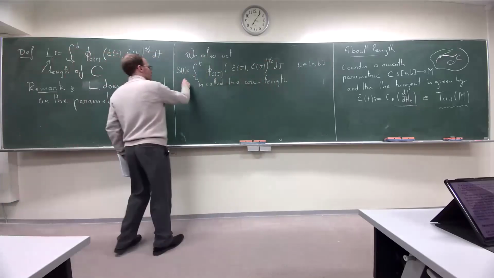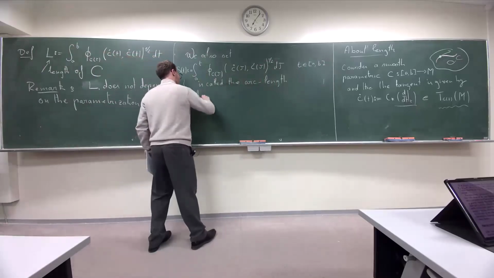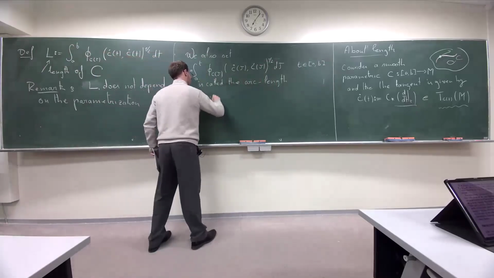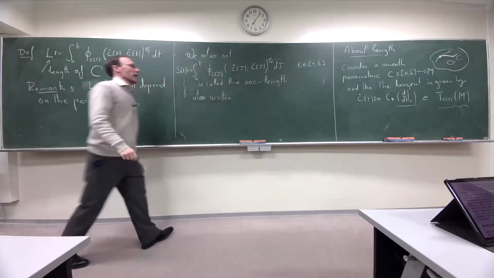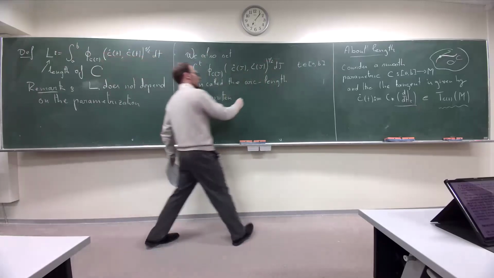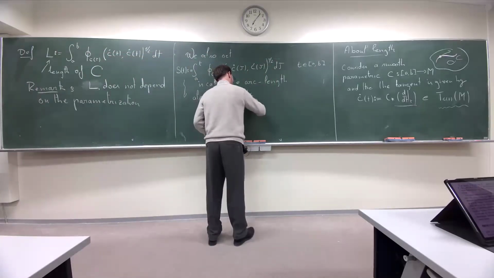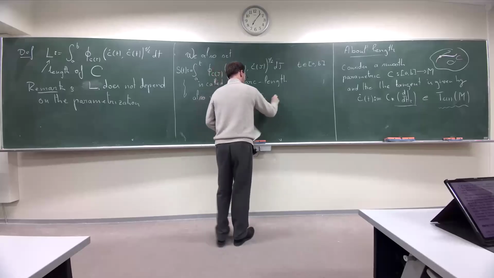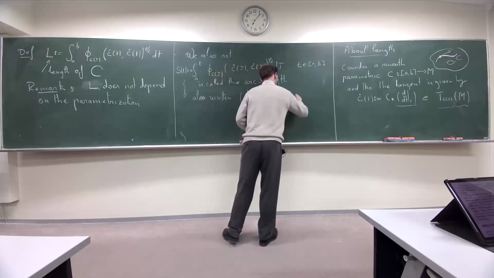And just one notation which is often written. So this is a precise definition. We know everything, we have it. But it's also written ds over dt equals the square root of phi_C(s dot, s dot).